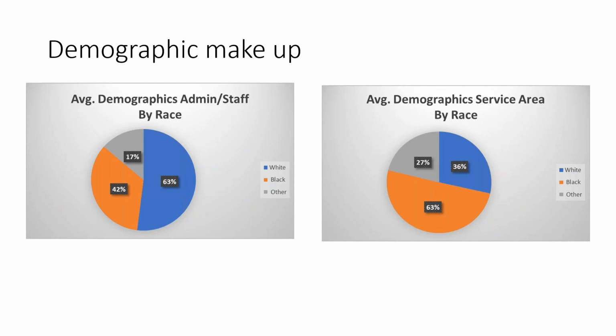Having your workforce represent the individuals you serve is extremely important when trying to serve minorities. It not only empowers your workforce, but the individuals you serve. Many of these organizations were struggling with attracting minorities into their program, and they often wondered why people were not coming in. Next slide.